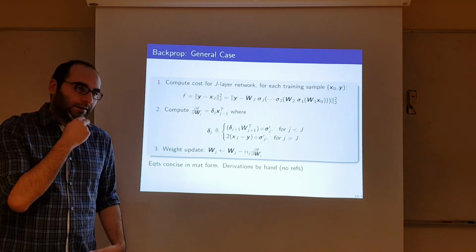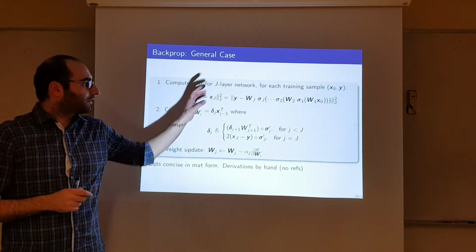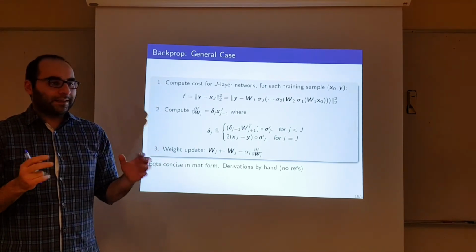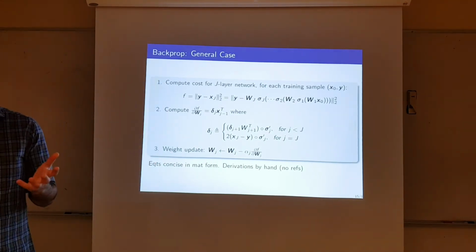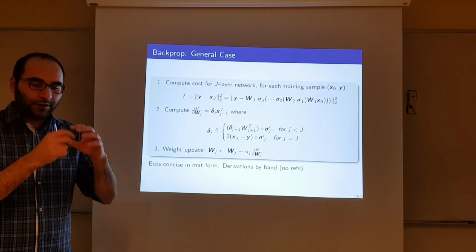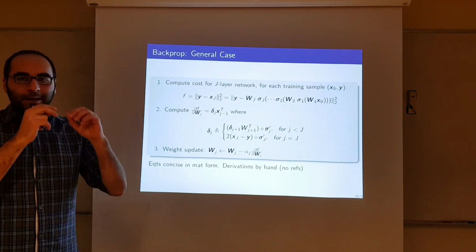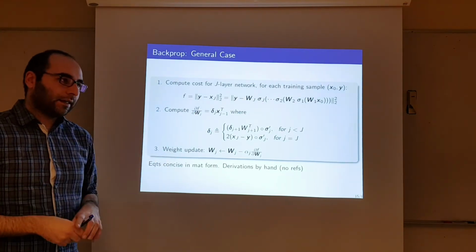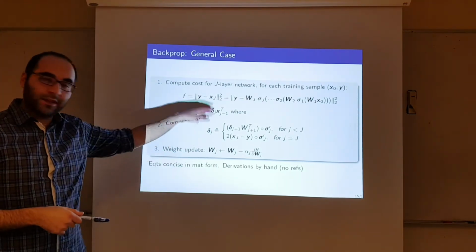When I started to find references on backpropagation, you can find it for very small cases, like a single layer network. You can find many references for that. But a complete theory that gives you a framework for doing those is completely absent. I had to do these by hand actually.